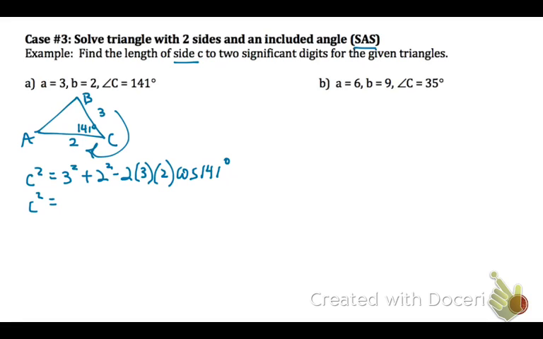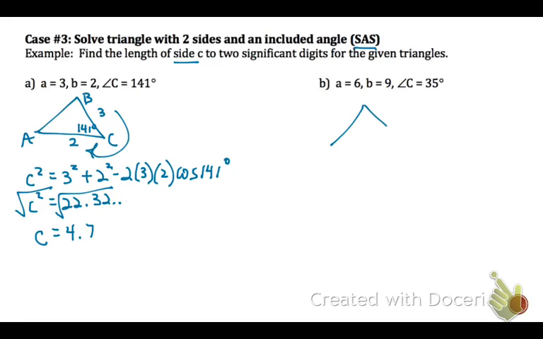You're going to get 22.32, etc. Do not round. Now take the square root of that. Pull up your square root and then pull back that answer using your second and your negative. Let's round to 2 significant digits, so 4.7.